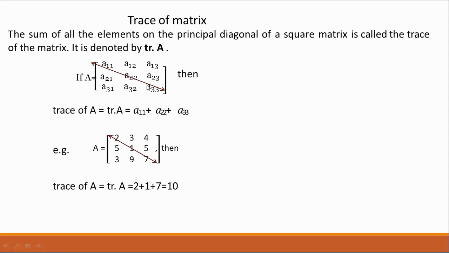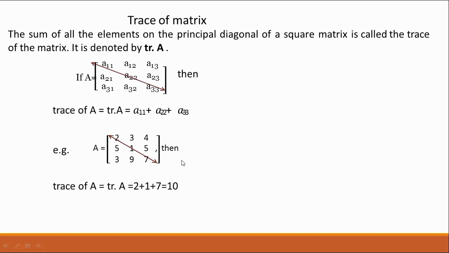If we add these three numbers, A11 plus A22 plus A33, then we get the trace of the matrix. For example, in this matrix 2, 1, 7 lie on the principal diagonal. So if we add these numbers, 2 plus 1 plus 7 is equal to 10. So this is the trace of the matrix.